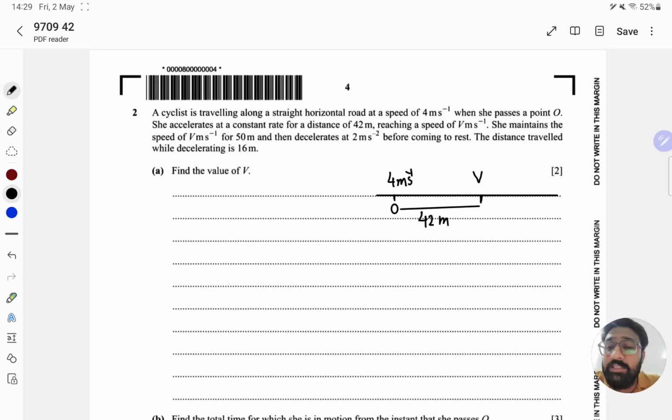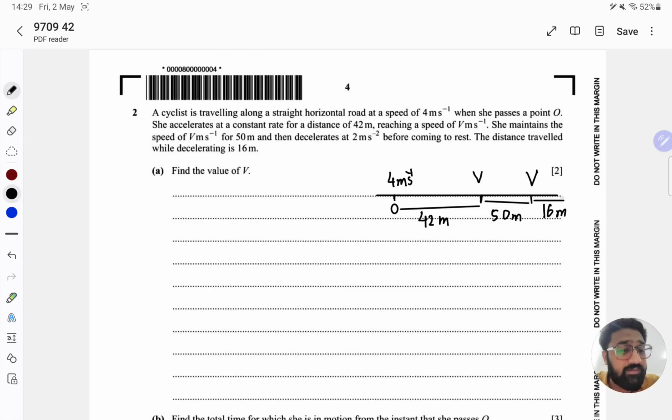Now she maintains the speed of v meters per second for another 50 meters, so the speed has to be v over here as well. Then she decelerates at 2 meters per second squared before coming to rest. The distance traveled while decelerating is 16 meters.